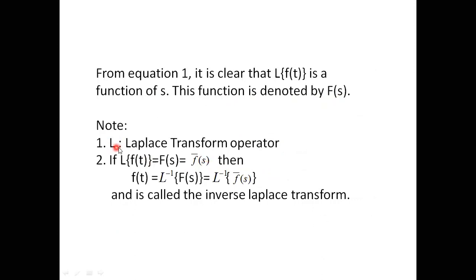This capital L is called the Laplace transform operator. And if L of f of t is capital F of s, that is equal to f bar of s, then f of t is equal to L inverse of F of s or L inverse of f bar of s, and is called the inverse Laplace transform. And this L inverse is called the inverse Laplace transform operator.